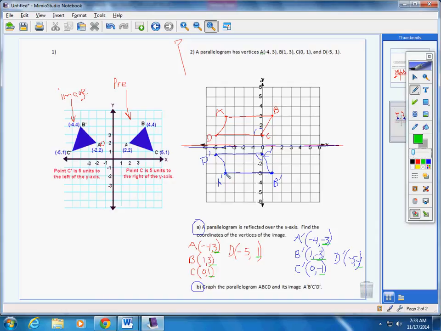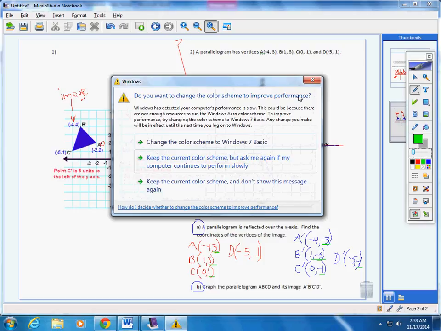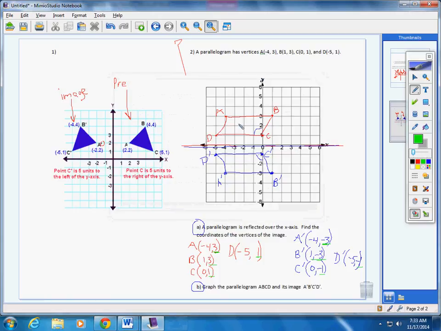Or you can move a little bit quicker and look at your original points, A, B, C, and D. Take your coordinates for A, negative 4, 3. Since we're flipping over the x-axis, all you have to do is multiply your y value by negative 1. So 3 times negative 1 is negative 3, and you already have your new coordinate.